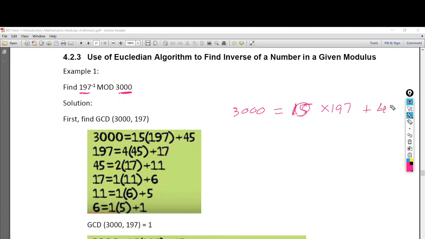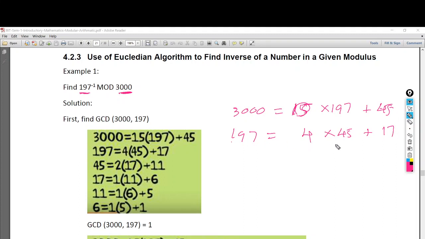The first few steps are difficult, then it's easier. Then you take 197 and ask, if I multiply 45 by which number can I add something less than 45 to make it 197. You will find that it is 4, that is 180, then you add another 17.